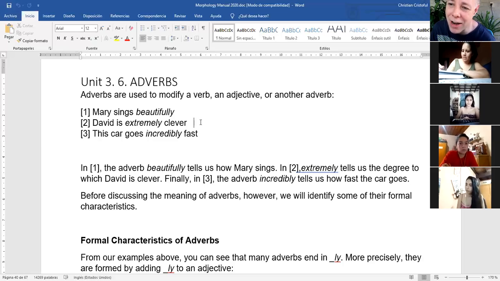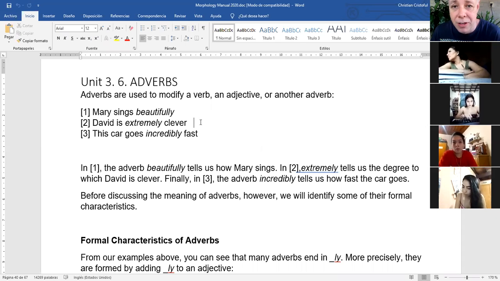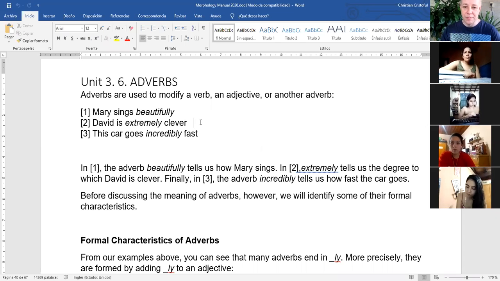Now, incredibly fast. Does the word incredibly refer to car or to fast? It refers to fast. So a word that modifies an adverb is called an adverb. We can conclude then that adverbs modify three things: verbs, adjectives, and adverbs. That's it. Very good.